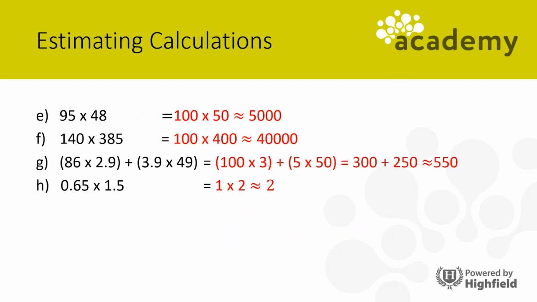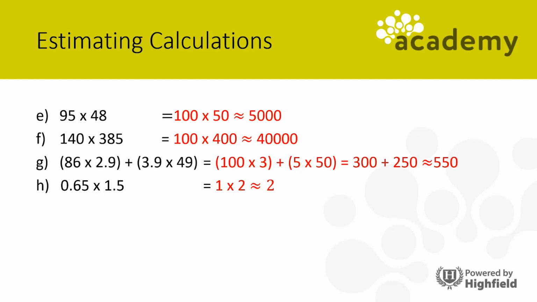Calculation E, 95 times 48 can be estimated as 100 times 50, which is approximately equal to 5000. 140 times 385 can be estimated at 100 times 400, which is approximately equal to 40,000.